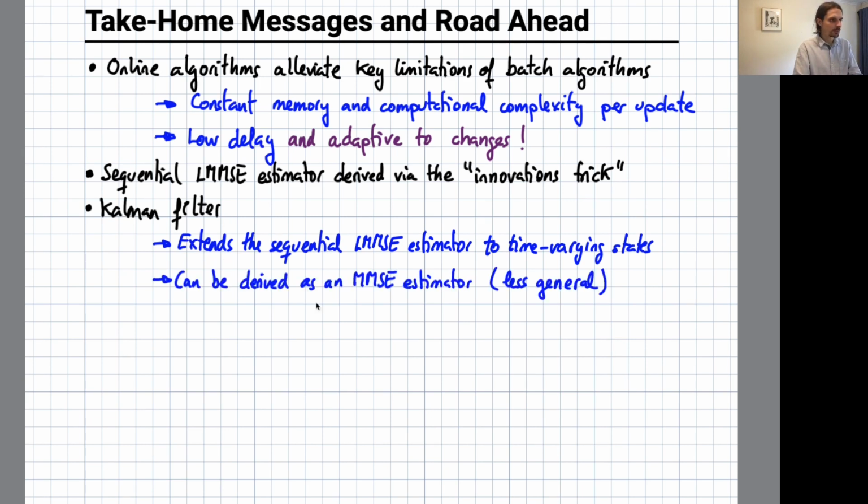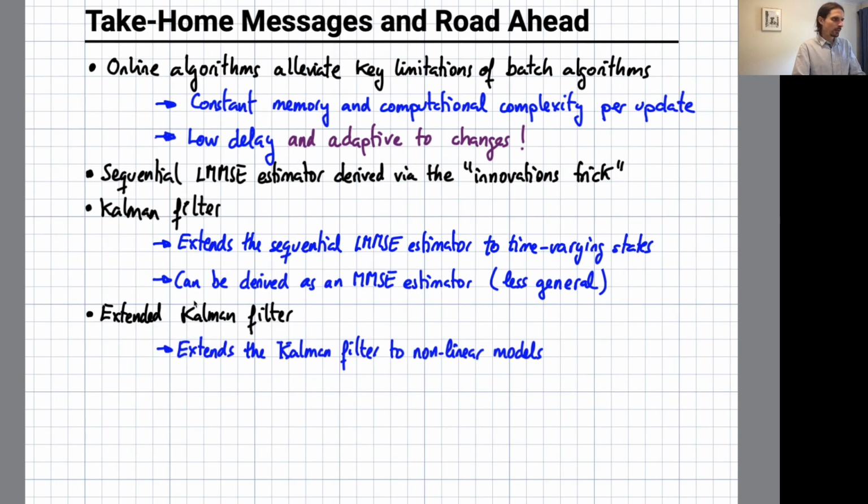Another thing is that we adopted an LMMSE perspective, but as we said, in many books, authors just assume that everything is Gaussian, and then they derive the Kalman filter as an MMSE estimator. But we decided to use the LMMSE approach because it's more general, right? So we don't need the data and the parameters to be jointly Gaussian to apply a Kalman filter.